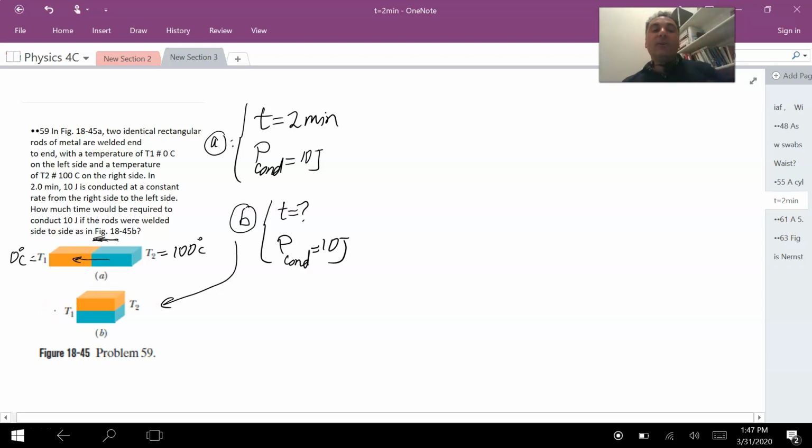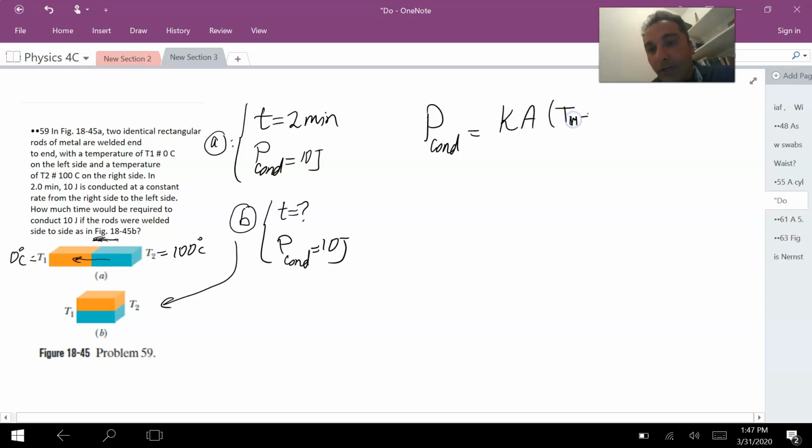So here is a comparison, same identical material. We have just two different weldings. So we know this equation. P conduction is what? K A, correct? T hot minus T cold divided by L. Okay, because it is a comparison, I can make this equation.